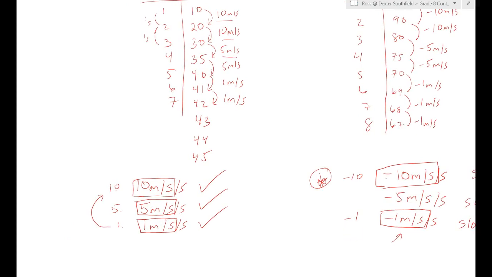So if we wanted to put some words to these, this would be speeding up quickly or fast. And down here would be, you're kind of speeding up more slowly, right? Are you still speeding up?